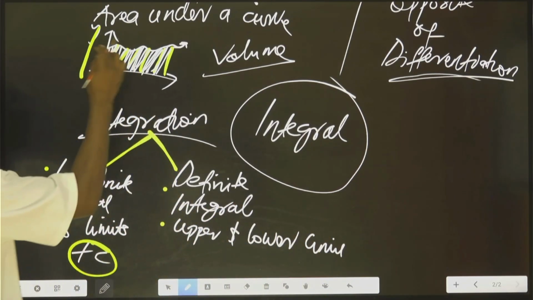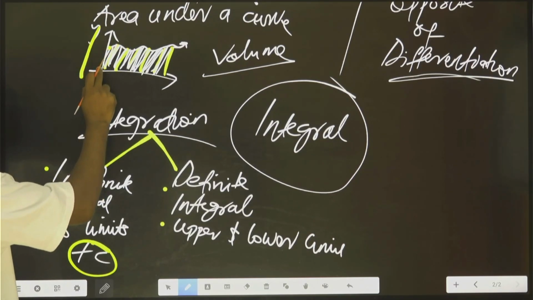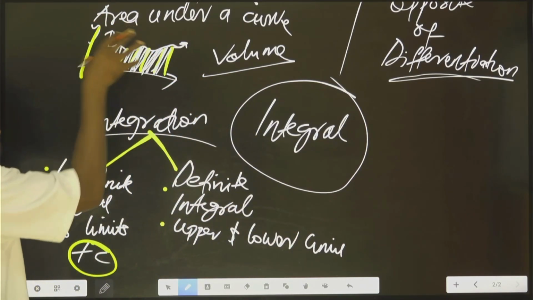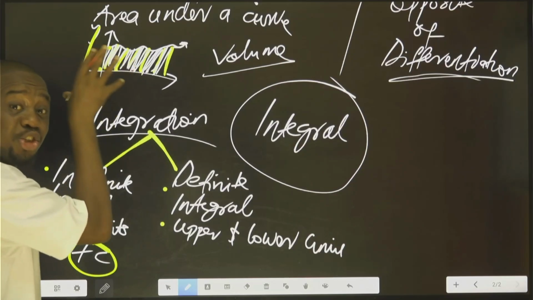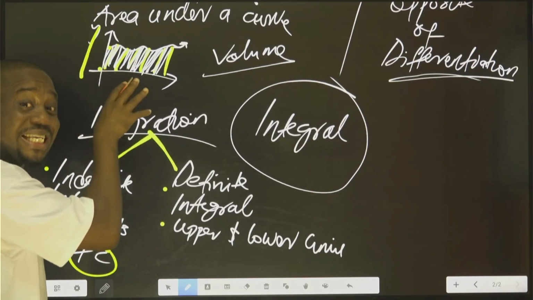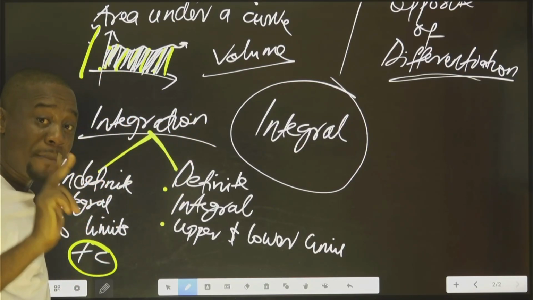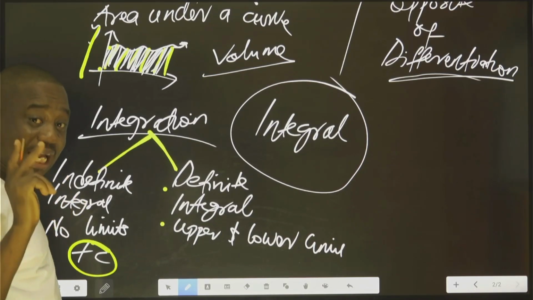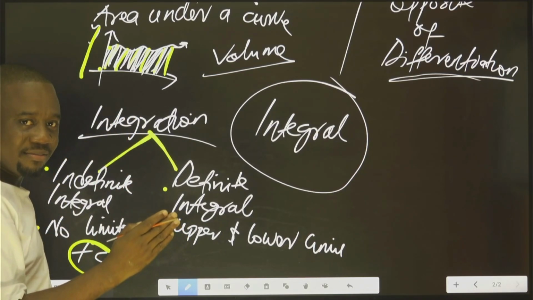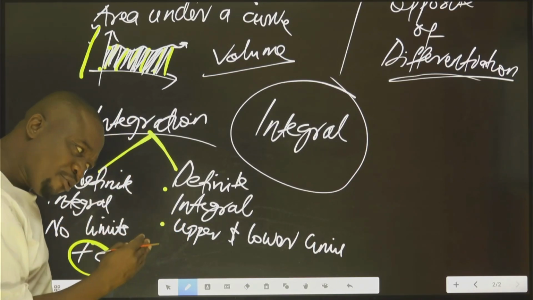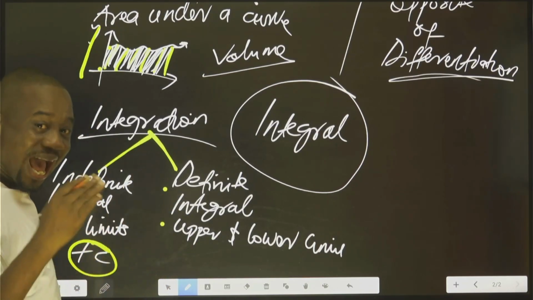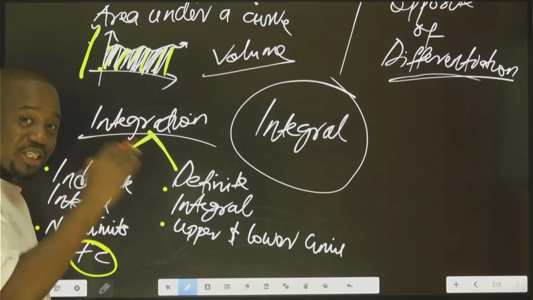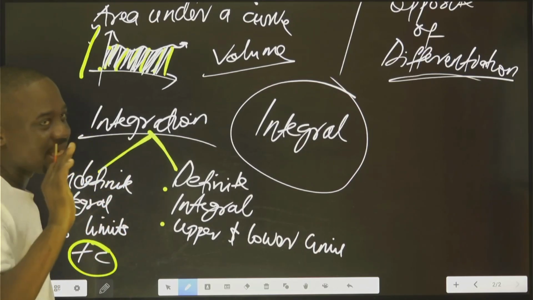For instance, you want to calculate this, and you can get the upper and lower limit. To use this limit to calculate the actual area, you are very sure of what you are doing. We are going to see instances of this. But put at the back of your mind, we have two types: the indefinite integral, which you cannot say starts from here and ends here, and the definite integral, which you can say this is the beginning, this is the end.